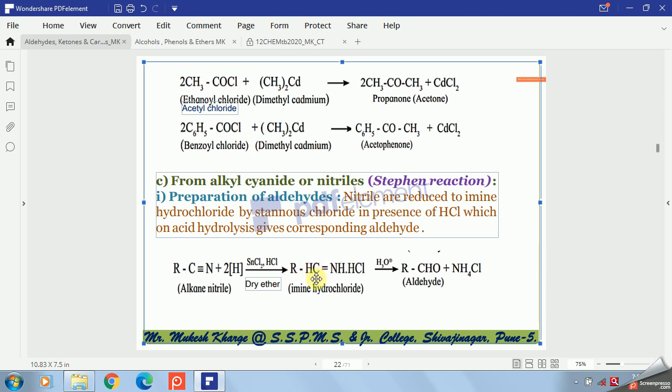So first OH is added to CH, and the double bond is converted into a single bond by adding hydrogen to NH. So your compound becomes RCHOH-NH2. Okay, so we get a compound which undergoes further rearrangement.